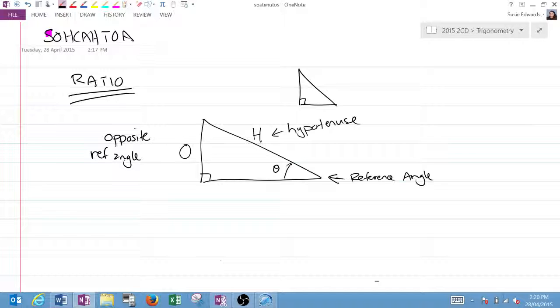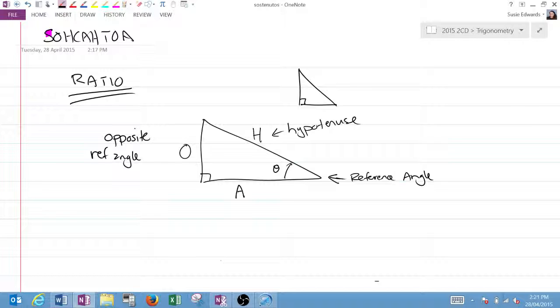Therefore, the other side is called adjacent, A. What does adjacent mean? Next to, okay? Sam is adjacent to Max. It's next to the reference angle. You can also know the adjacent side because it's between the reference angle and the right angle.